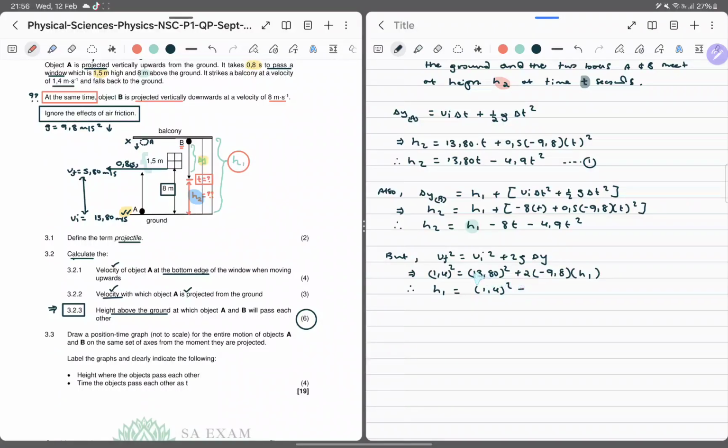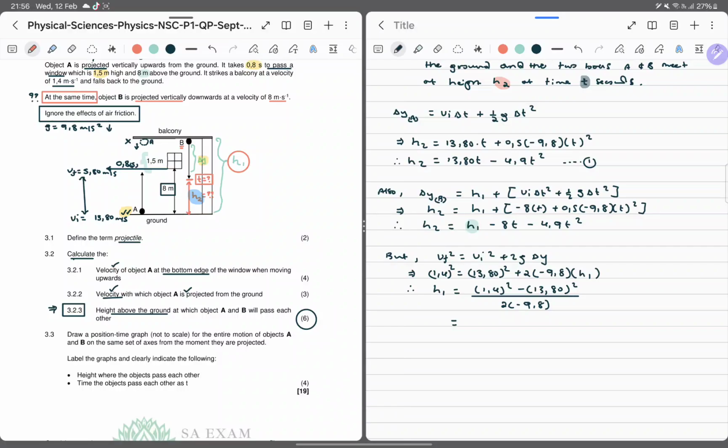So therefore, our h1 is going to be 1.4 all squared minus 13.80 all squared, divided by 2 into minus 9.8. Now let's do it quickly.